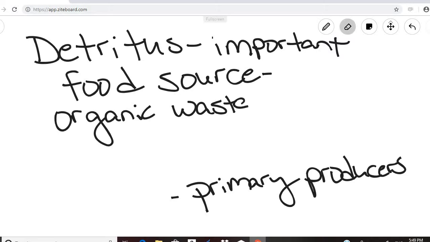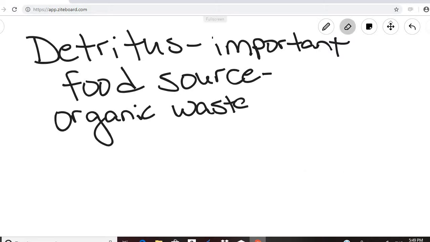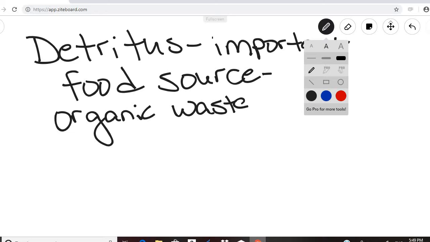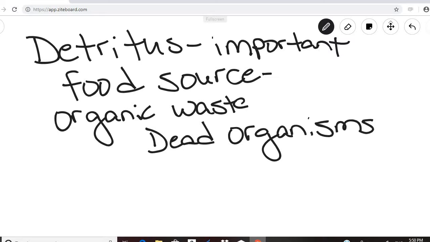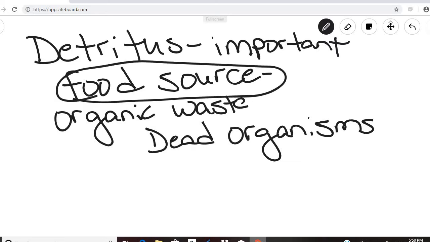By organic waste, we mean that it's a lot of dead organisms and also the waste that is eliminated from organisms, and it gets carried into the continental shelf from streams and from estuaries. And then the important thing is it is a really important food source. So some of the things that feed on the detritus would be like burrowing worms.